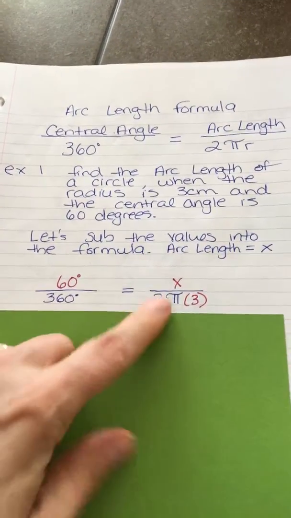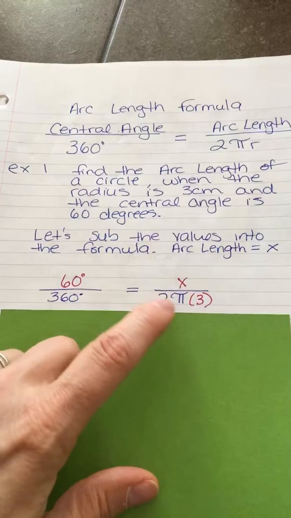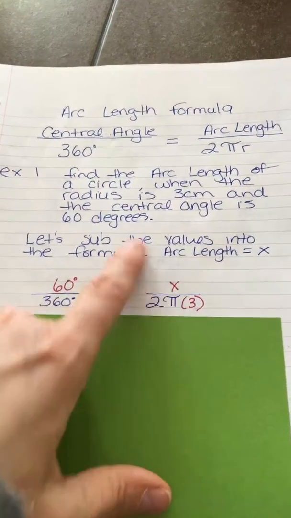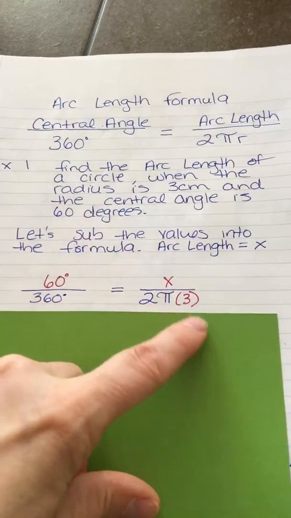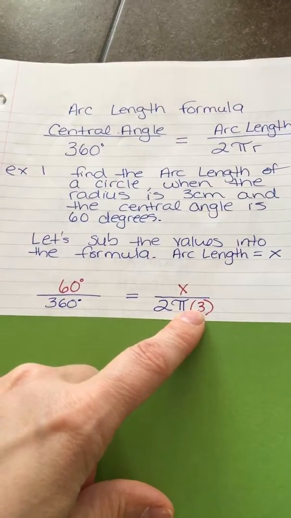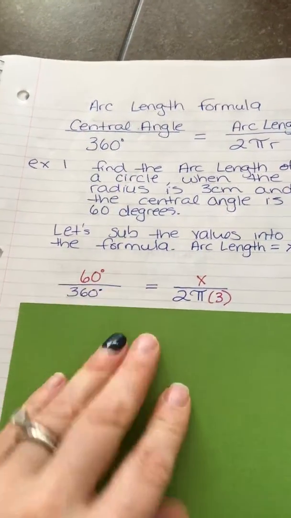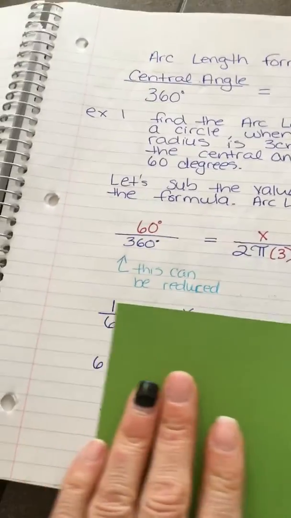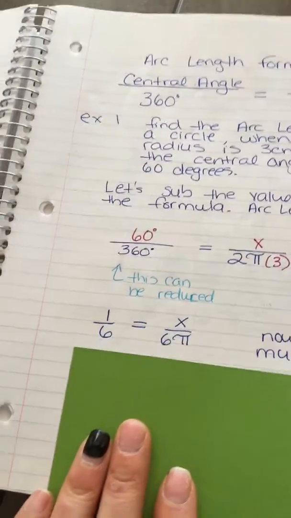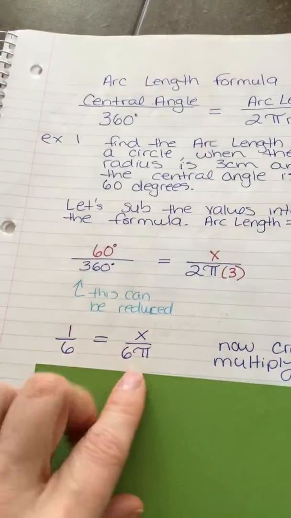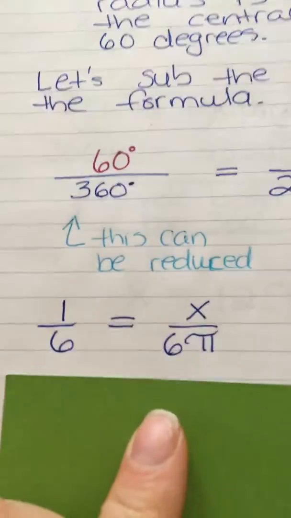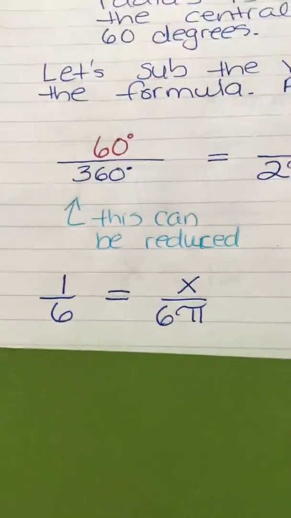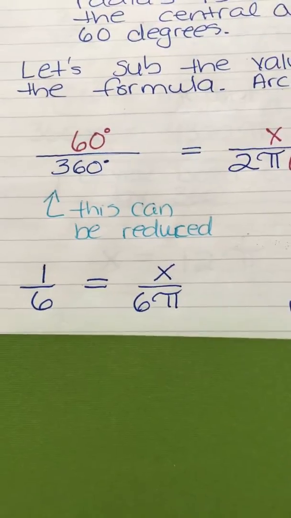And the 360 doesn't change. Arc length went to x, and then we substituted r because it said the radius is 3, and we substituted the 3. So now we're going to simplify our values. Now we can reduce this fraction to 1 over 6. So then I multiplied the 2 to the 3, and now I have 1/6 is equal to x over 6 pi.